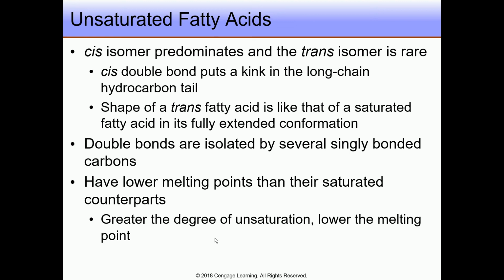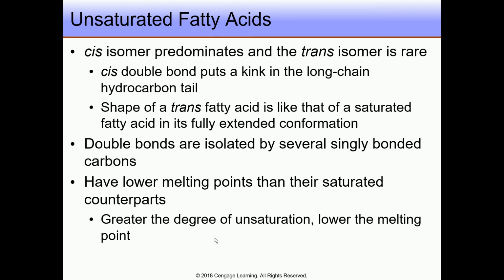So these unsaturated fatty acids, because of the presence of the double bonds in them, can exist in the form of isomers, and these isomers can be cis isomers or they can be trans isomers. Cis isomers are those isomers in which the functional groups are on the opposite side of the double bond, and trans isomers are those isomers in which the functional groups are on the same side of the double bonds.